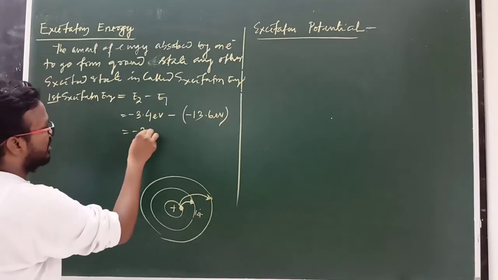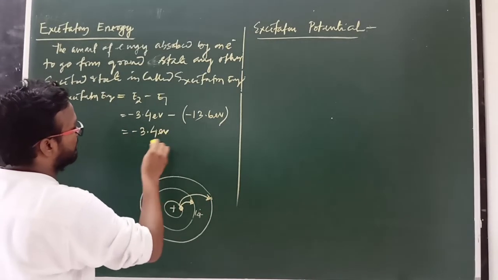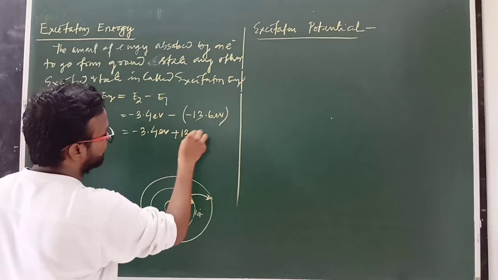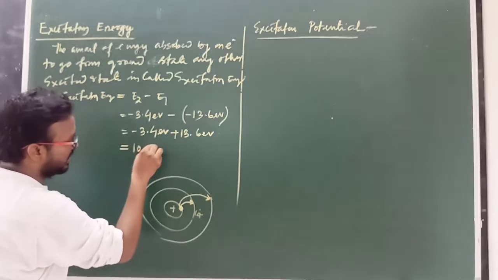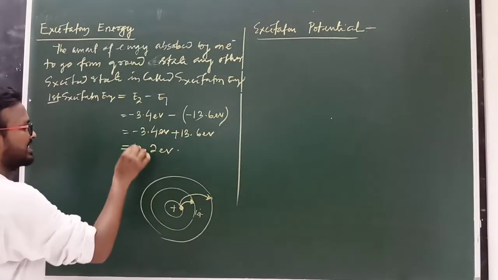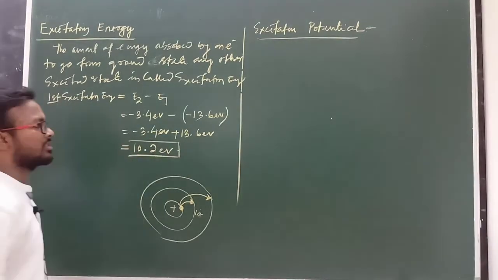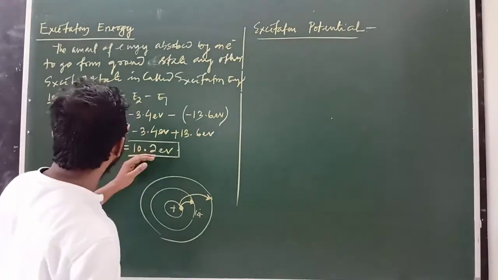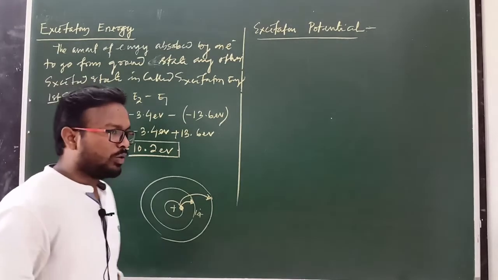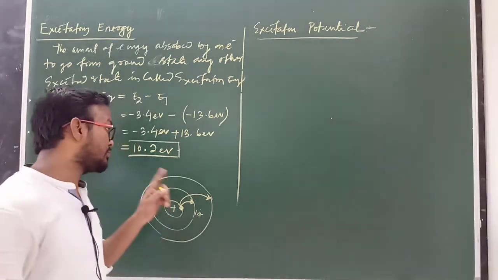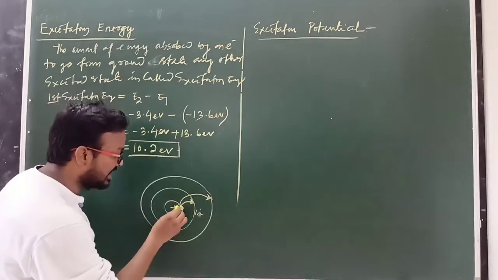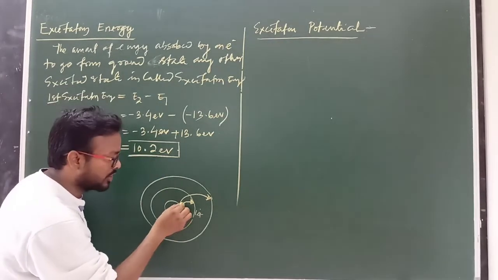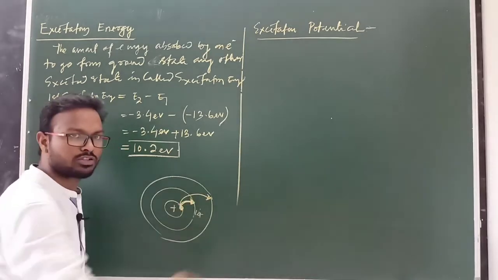Now solving this relation, minus 3.4 electron volt plus 13.6 electron volt equals 10.2 electron volt, and this 10.2 electron volt is known as the first excitation energy. That means when the electron absorbs 10.2 electron volt of energy, it leaves the ground state and jumps to the first excited state.